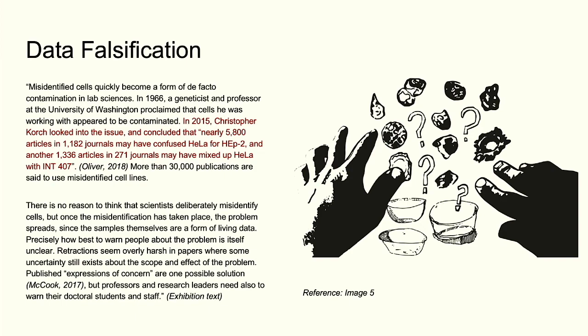These samples are a form of living data. People share them. People expect certain sets of results coming from them. And how we really warn people about potential contamination, about this kind of effect, is a real challenge for the academic world.